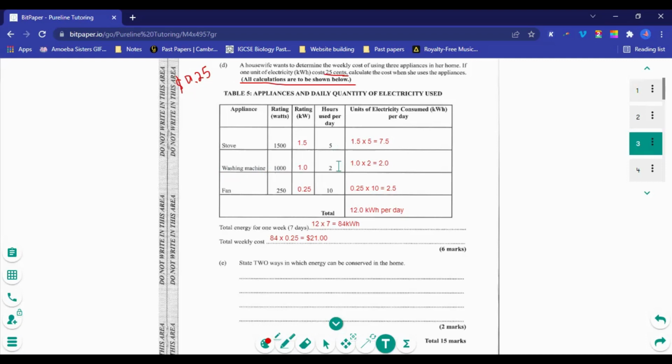So she washes twice for the week or once for the week or something. And with the fan, we can say that the fan could be used only when someone is in the room. So once someone is using it, then you put on the fan. If you're not in the room, you take off the fan. So we can reduce the amount of time the fan is being used, even though it's not costing too much money to use it.